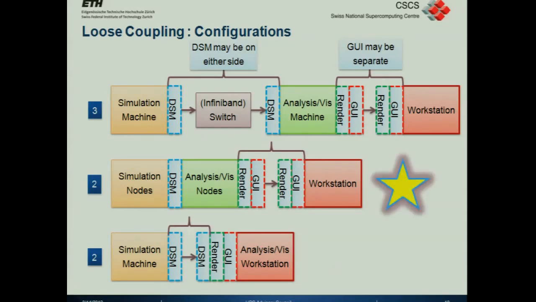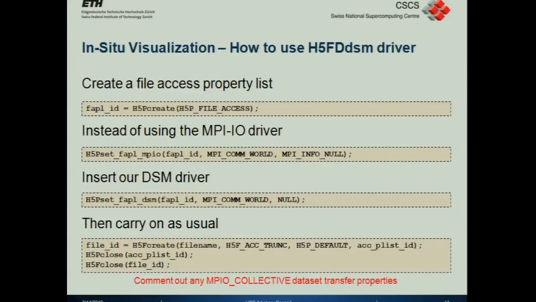Or we actually find that this is the one we use all the time. We have the Cray, for example, doing simulation and analysis, or the viz cluster doing simulation and analysis, and the workstation on the desktop. You could even have the whole thing on just one machine if you want to, but I didn't bother including that. It's kind of flexible, and as long as you've got a network connection between them, you can do it whichever way you like.